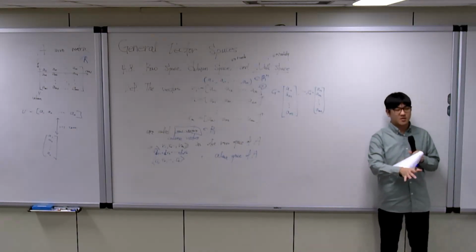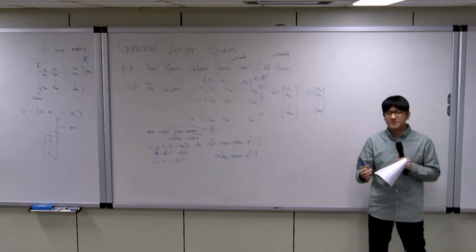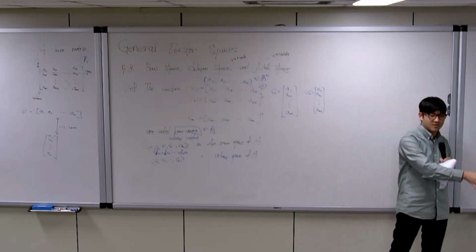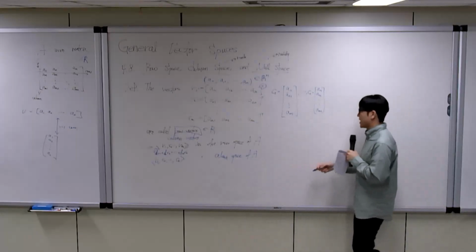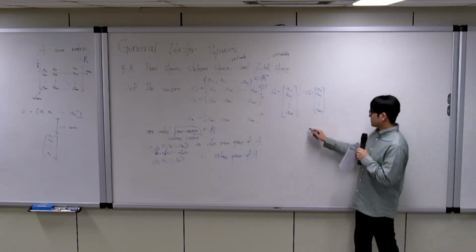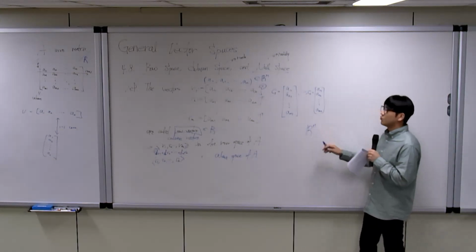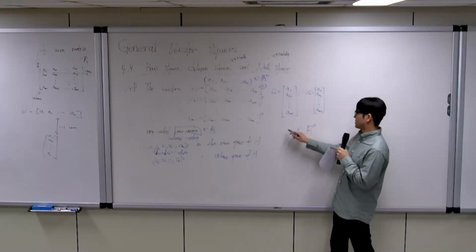A column vector is not a real vector. A column vector is an expressed vector. So actually, when you see an element in R to the n, we usually write these elements as a column vector.